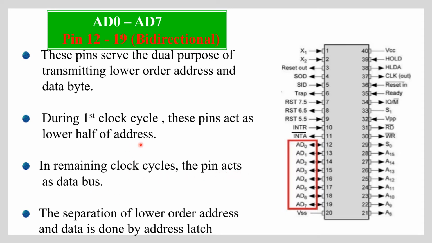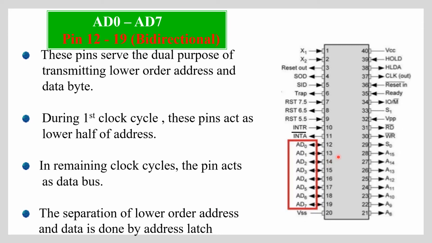The separation of lower order address and data is done by an address latch. Once the address is sent, it is latched, and then on the same line the data is sent. So the address is separated from the data by using a latch.